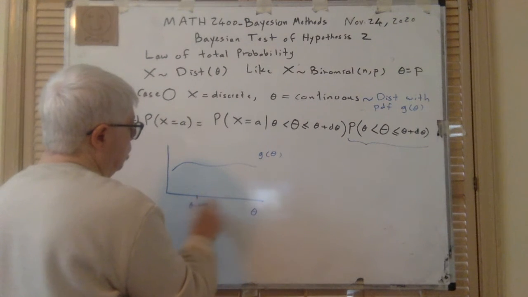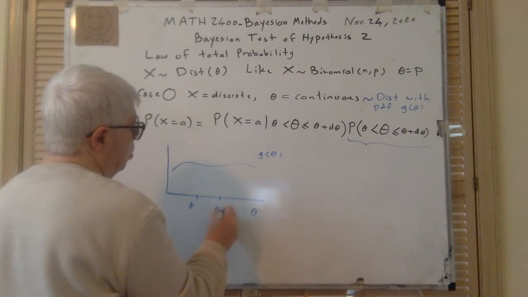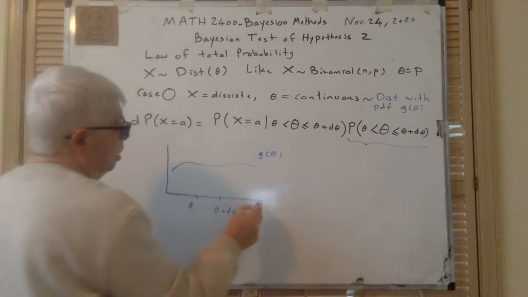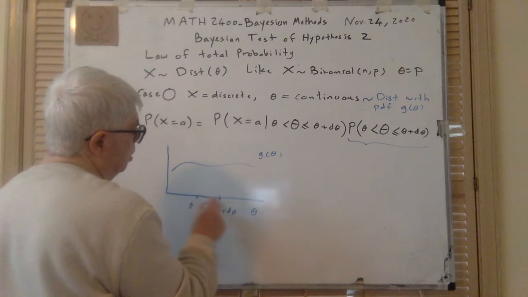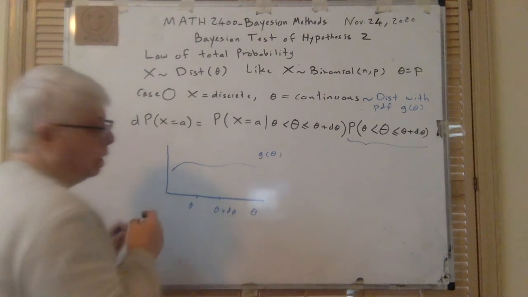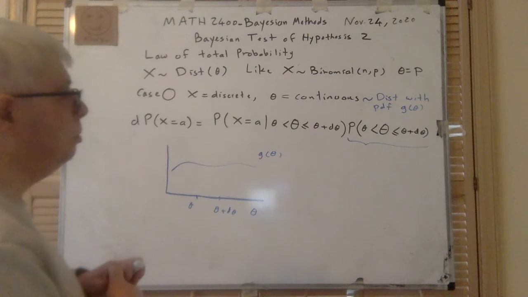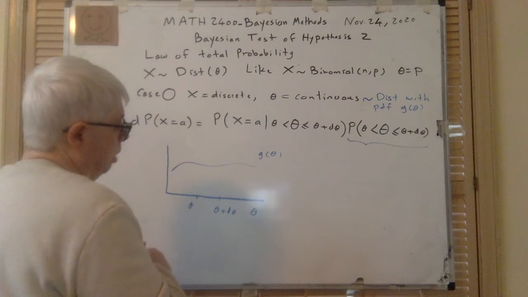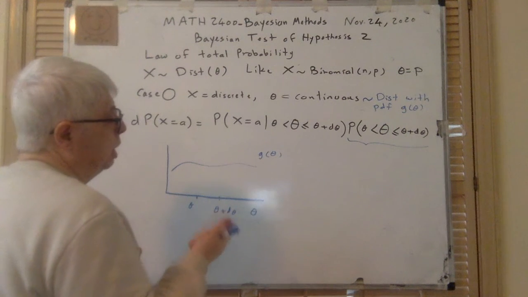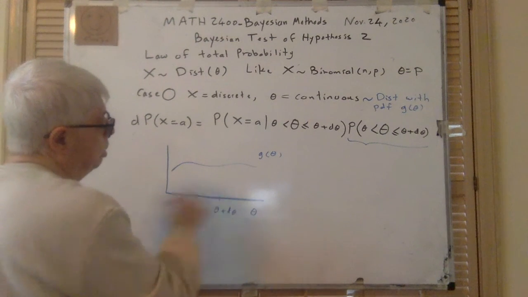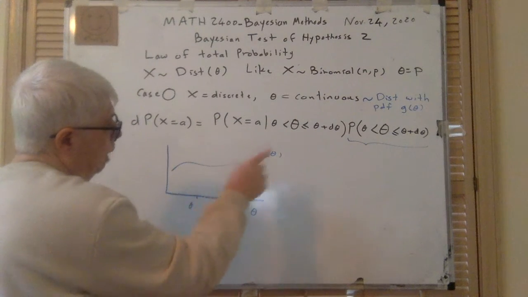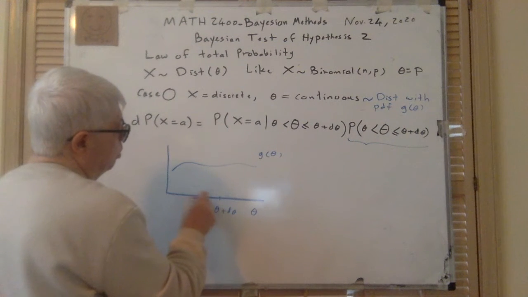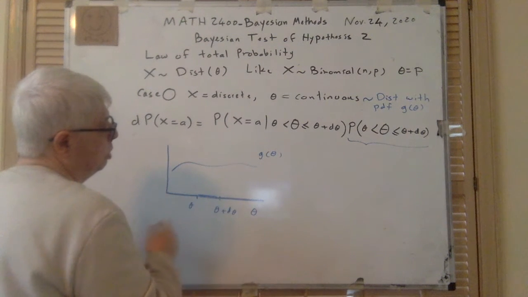We are between theta and, well, let's just exaggerate, theta plus d theta. Now, what is the PDF? PDF is in fact the density of the x-axis when the x-axis has mass 1. So it has the name probability density function. That is density of the x-axis, and the probability is in fact the mass. It is the mass of this part of the x-axis from theta to theta plus d theta.